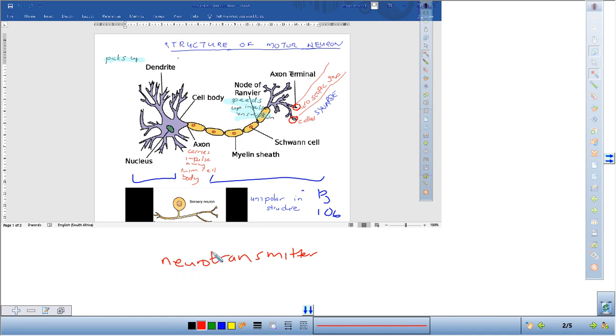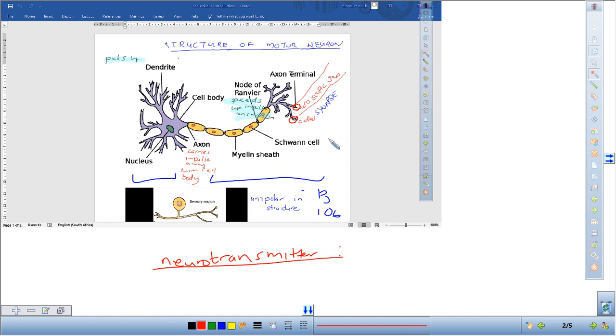The amount of neurotransmitter that's been released is controlled by your brain. There are many different neurotransmitters. The miracle part of this is that it has to be released at the exact time when the impulse comes in. And so that will tell you how fast it must be released. One of the neurotransmitters, which is not for exam purposes, but just for interest, is called acetylcholine.